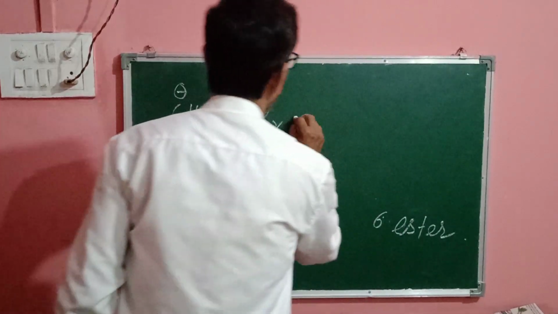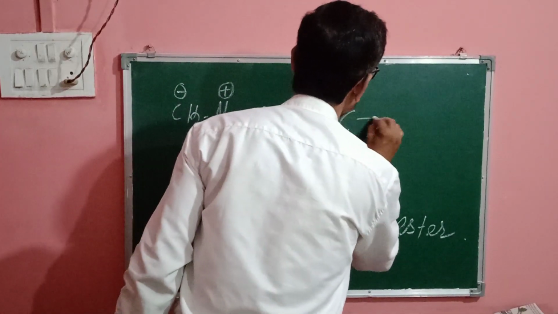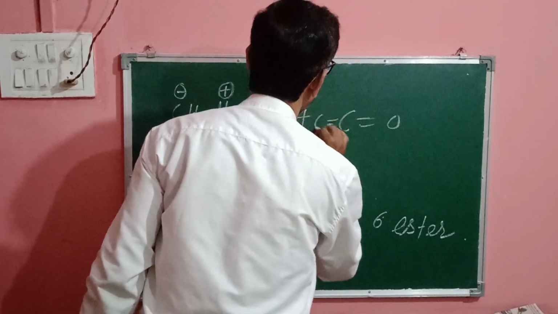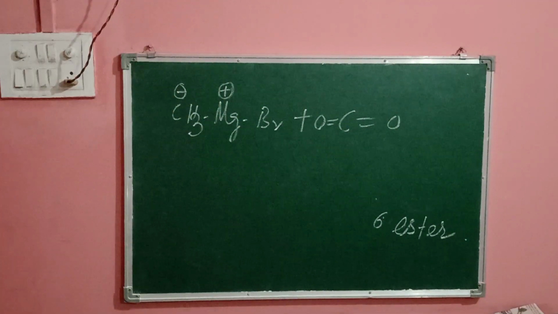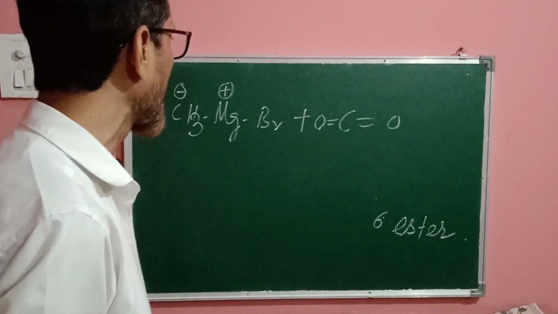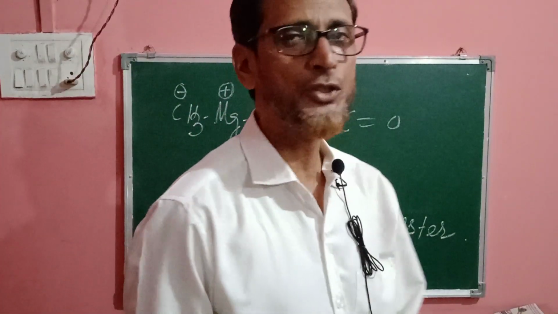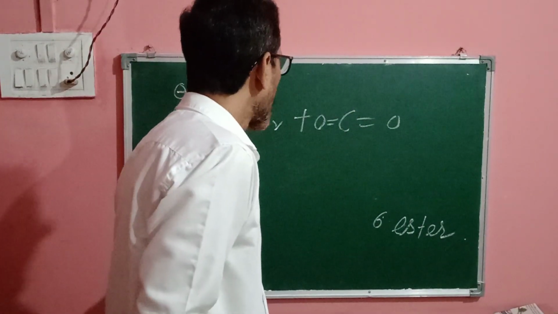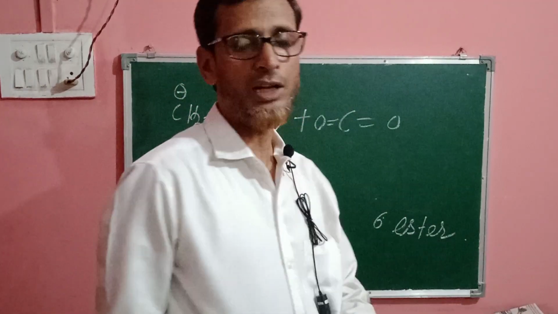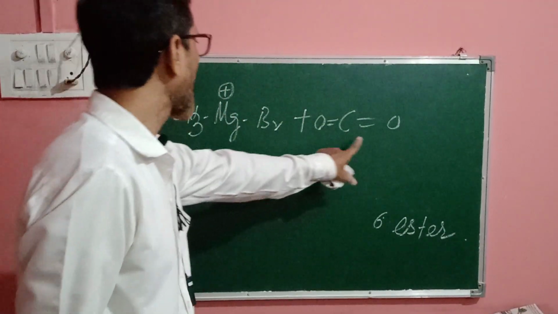Now you make it react with carbon dioxide because we need to prepare carboxylic acid. Carboxylic acid means a COOH group should be introduced, and that COOH group should come from carbon dioxide. So we are using carbon dioxide.